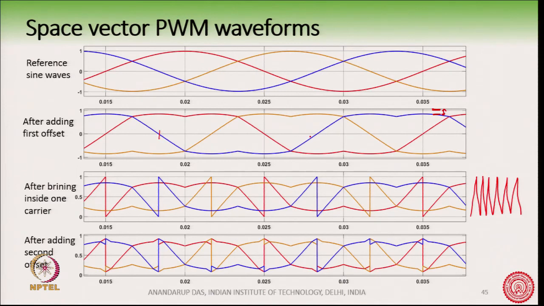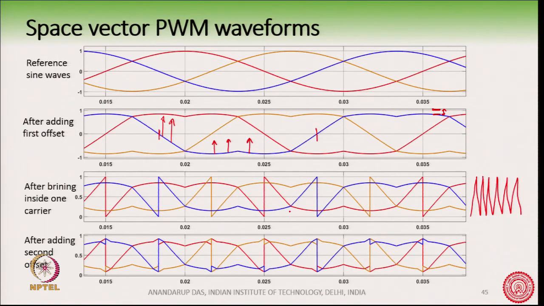For example, from this to this point the blue waveform is negative, and so we have pushed the blue waveform up. From here onward the push has happened. So, the blue waveform is now between 0 and 1, and therefore, it is spanning the single carrier. Okay. We have shifted it up.